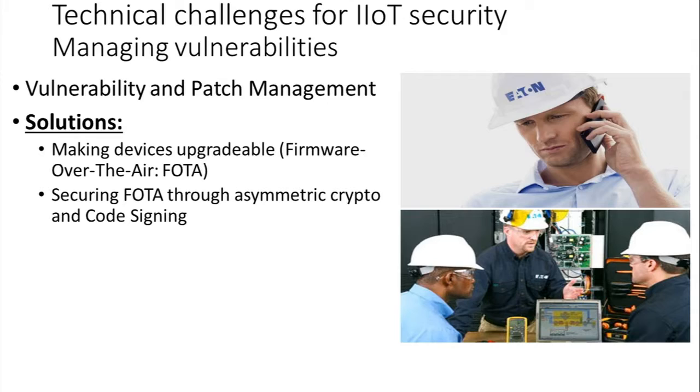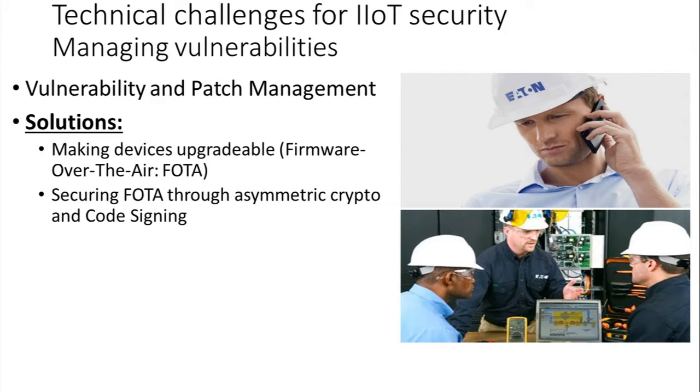Some of the other challenges, there's a lot of things that are connected. There's a lot of devices that are connected in factories, and there's also a lot that are not connected. So if you're going to have updates, and they're going to need to happen when you find security patches, when you find vulnerabilities, can you do that over the air? Can you do it remotely?